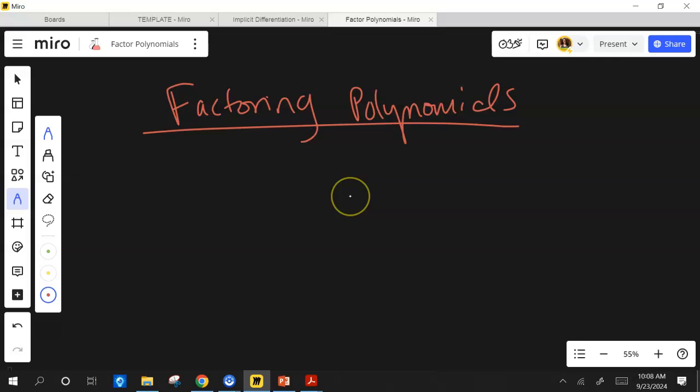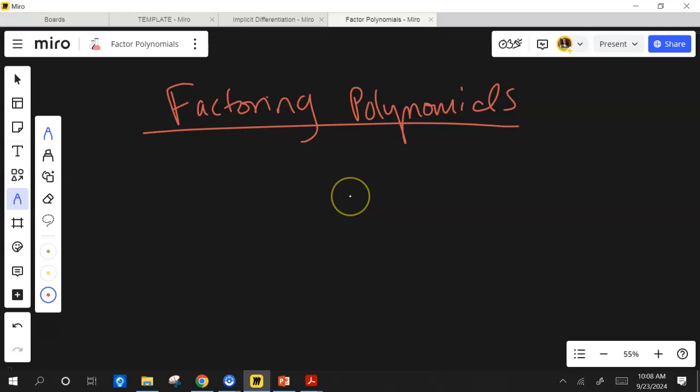The signs do not matter. The degree has to be even. Even degree. The middle term exponent is half of whatever the degree is, okay?